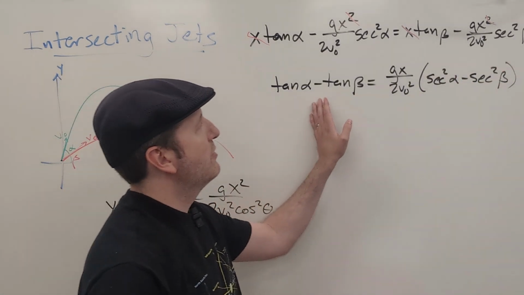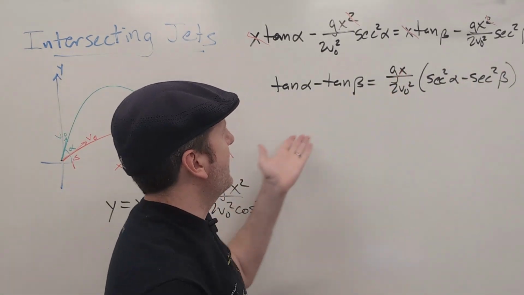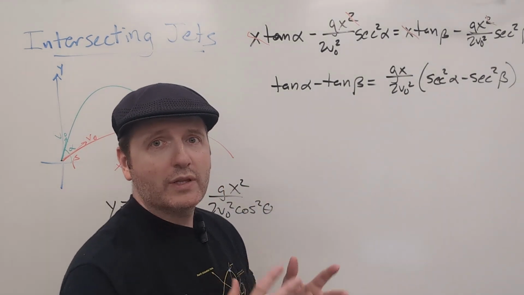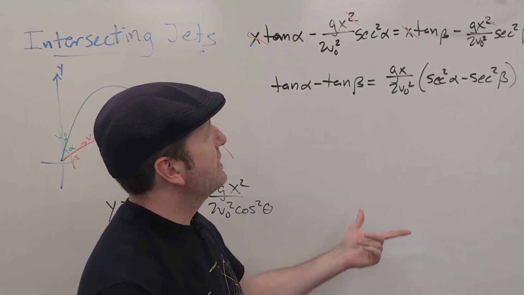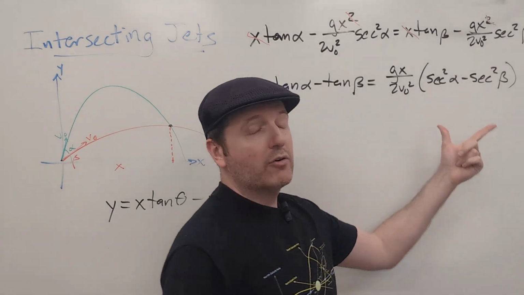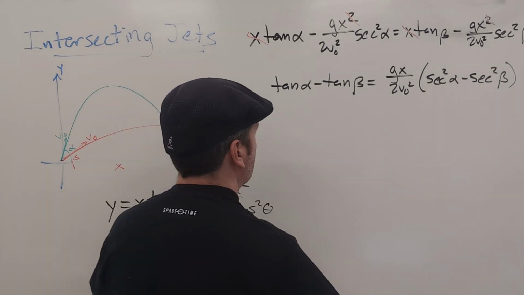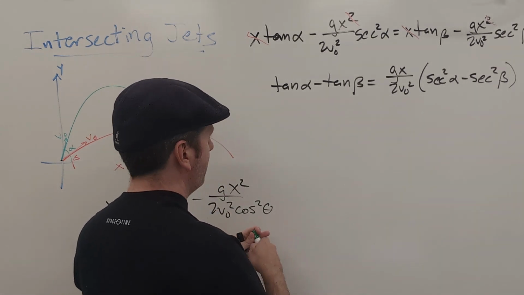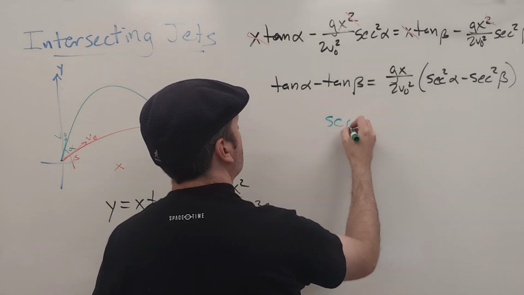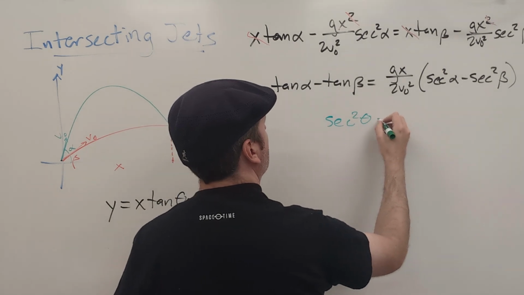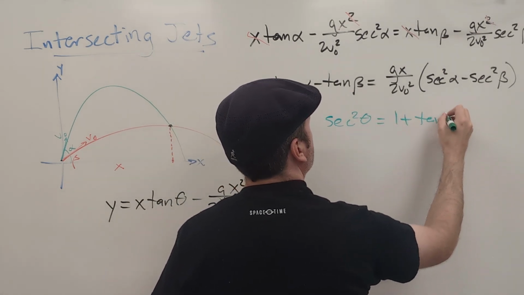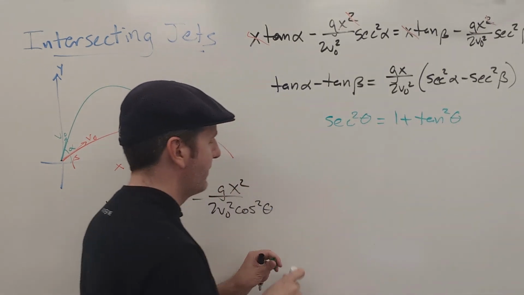Okay, so this isn't looking so bad. We want to solve for this x, and it looks like we're pretty much done. But we can do one last little bit of trickery here, which is to use our Pythagorean identity for tangent and secant. So recall, I'll write it down below here, that secant squared of an angle is 1 plus tangent squared of that angle.